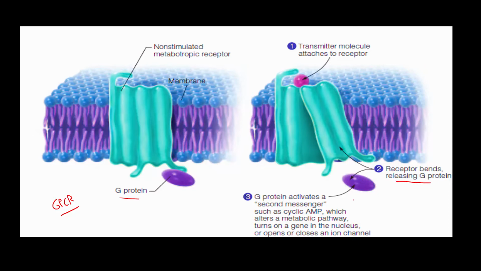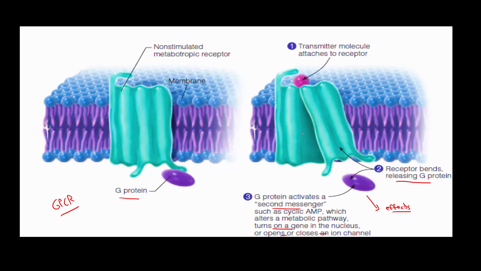This G protein is going to act as a second messenger. This G protein is then going to activate other biochemical reactions, other proteins. Those are called second messengers. Okay? So we release our G protein, it goes and it activates second messengers. Those go on and have effects in the cell. Okay? So it could turn on a gene, it could open or close an ion channel.